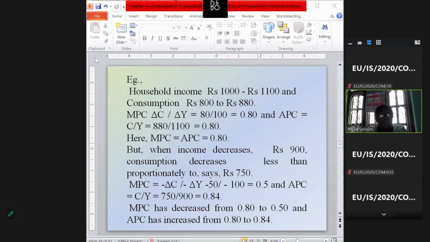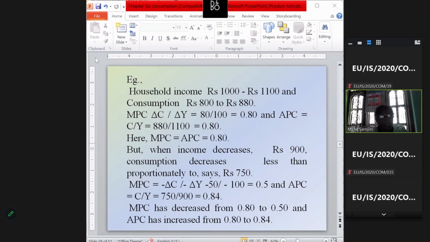And we are going to check the APC as well. You know that APC is equal to C divided by Y. Here the increased consumption is 880, and at that consumption, income is 1,100. Once we divide those, you get 0.80.